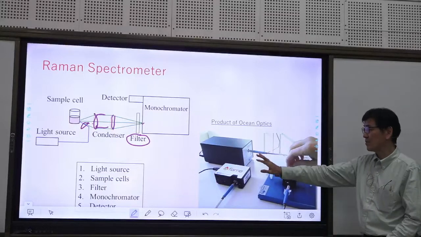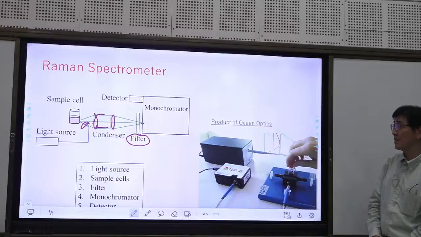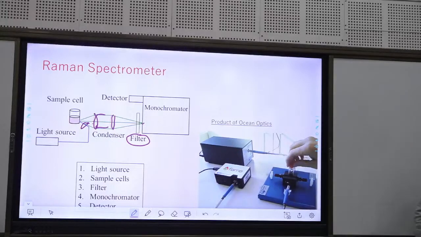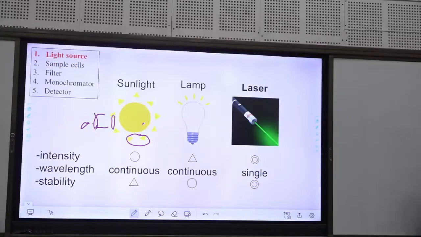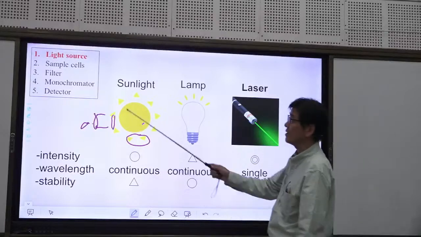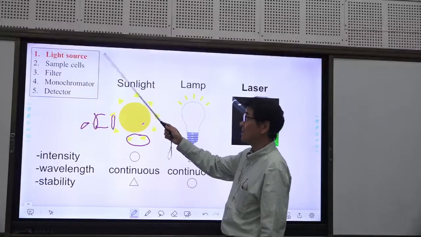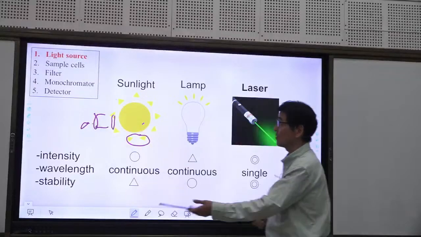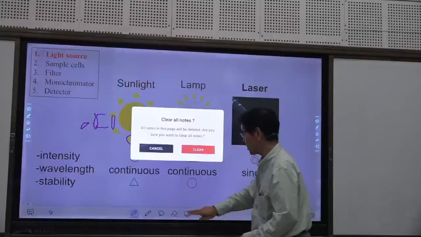Recently such a small, very convenient tool is available. But anyway, the principle is the same. So we need some parts: light source, sample cell, filter, monochromator, detector. So let's think about these components.